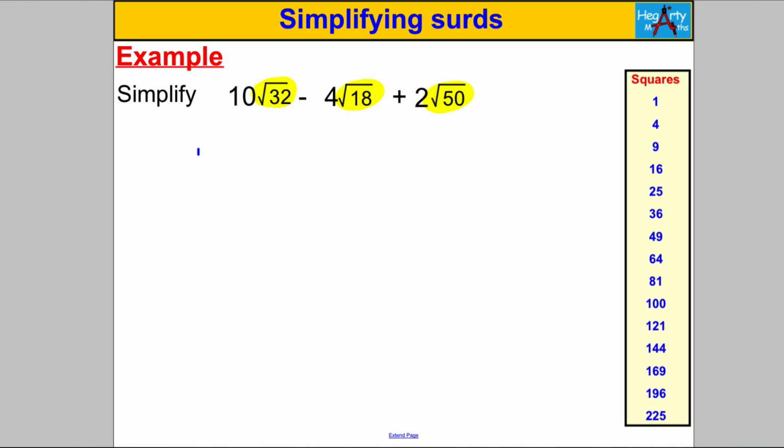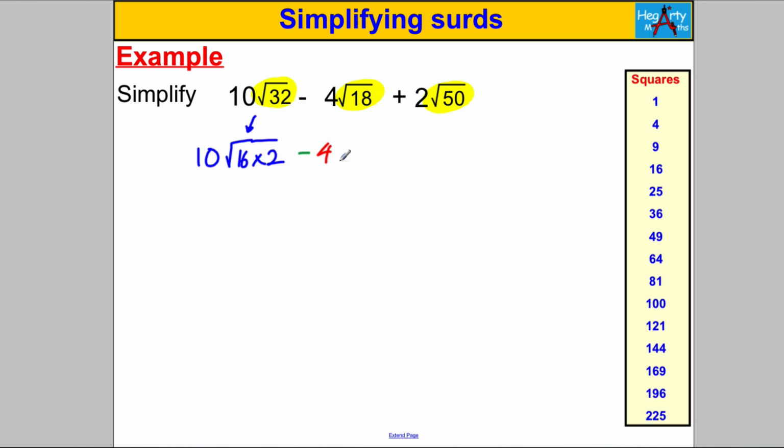That 10 there, just keep it there for now. Now think of the biggest square that you can that goes into 32. I know it's 16, so I'm going to write root 32 as root 16 multiplied by 2. That's the first bit done. Don't forget you've got a takeaway here, and don't forget you've got a 4 here. Now I'm going to write root 18 as the biggest square I can times another number.